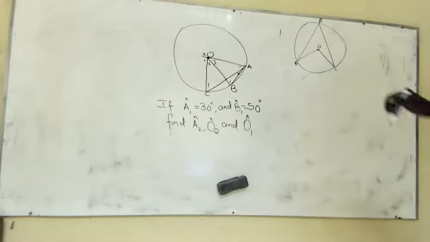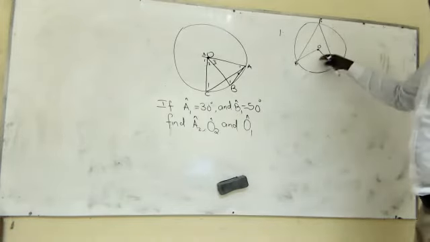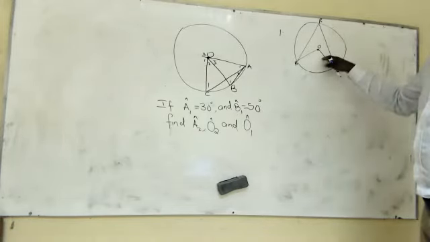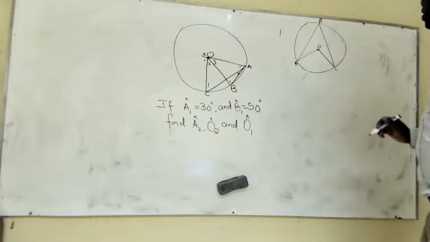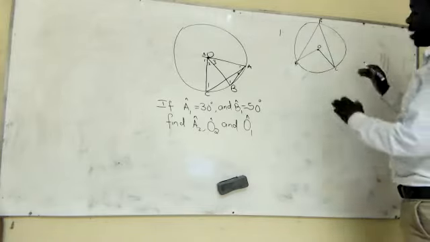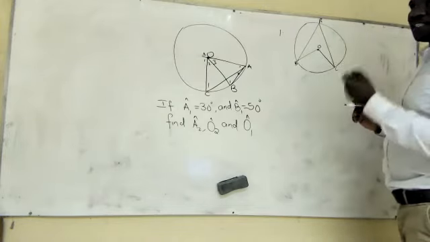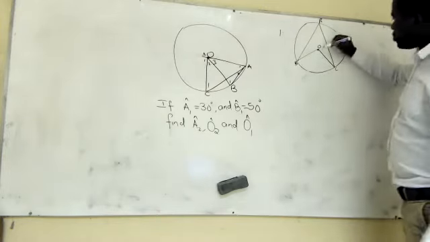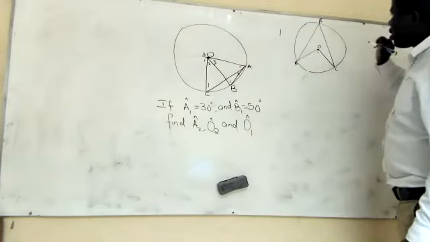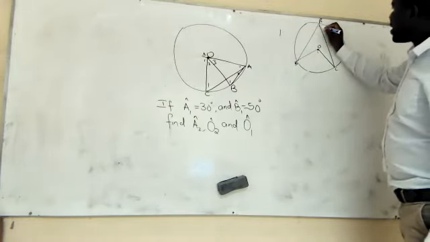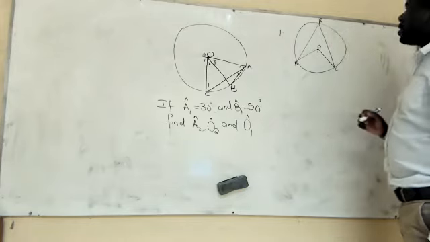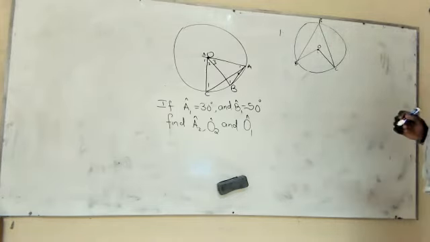Are we all together with regard to this construction I've made just now? Yes. All right. Then there's a relationship that we have established: the angle at the center of the circle relates to the angle at the circumference.